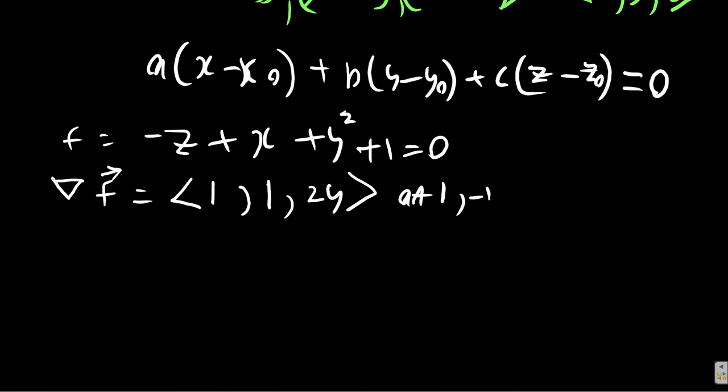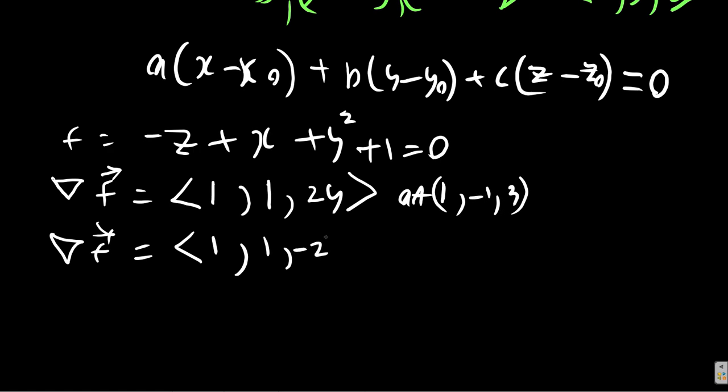At 1, negative 1, 3, the gradient is equal to, this remains 1, this remains 1, y is negative 1, so 2 times negative 1, negative 2.